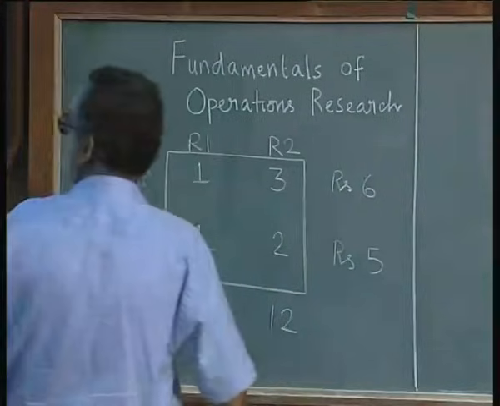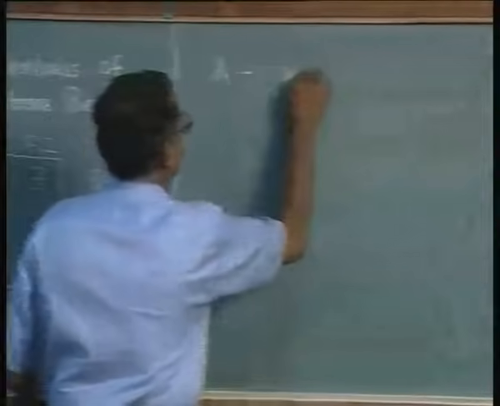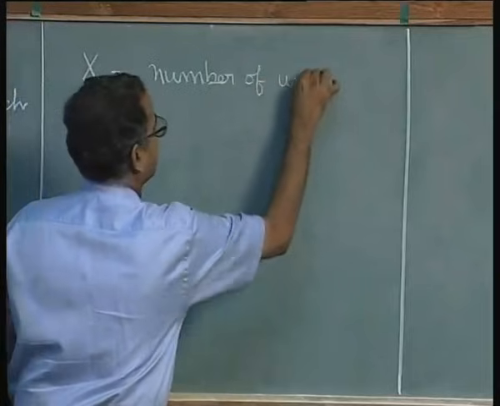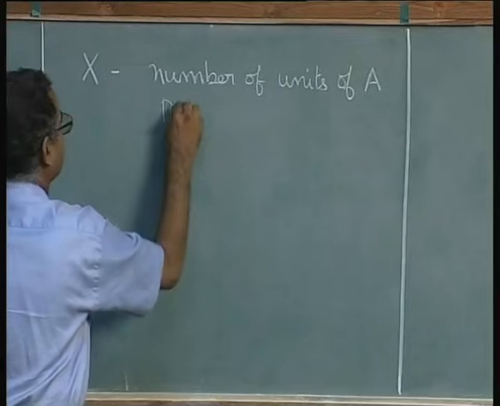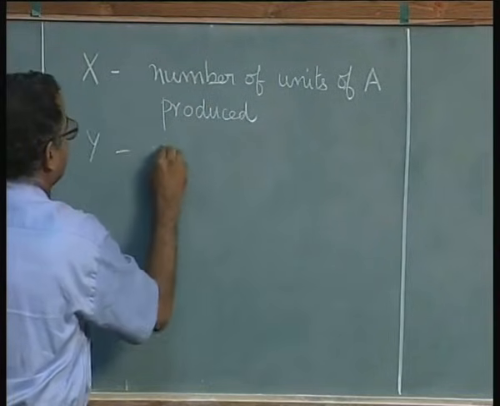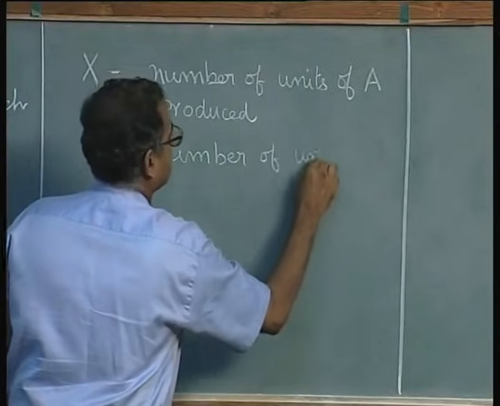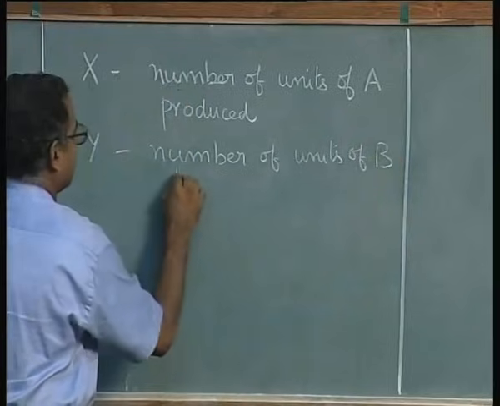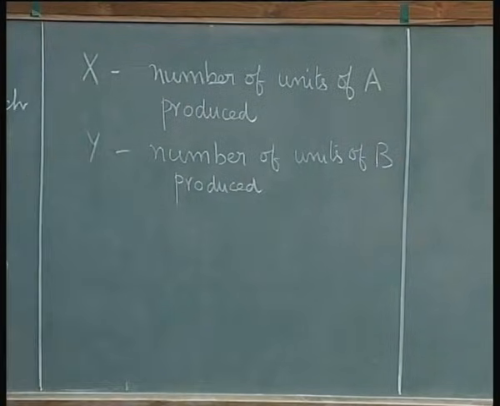So, we first call these X and Y. So, X be the number of units of A produced, and Y be the number of units of B produced.